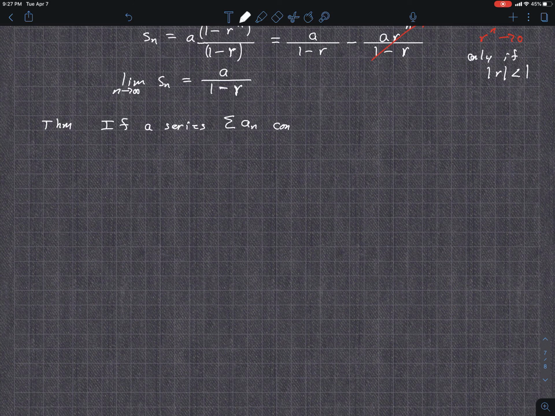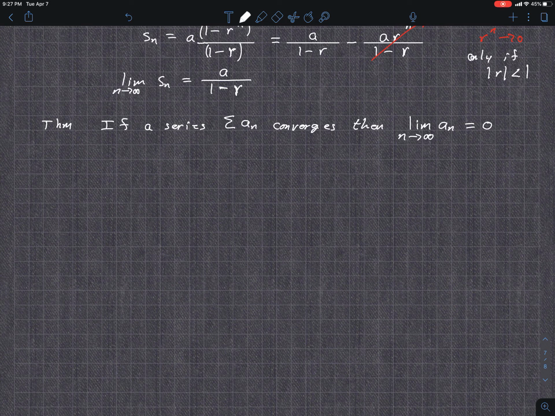Basically it says if a series, the sum of a sub n, converges, then the limit of a sub n as n approaches infinity must equal 0.